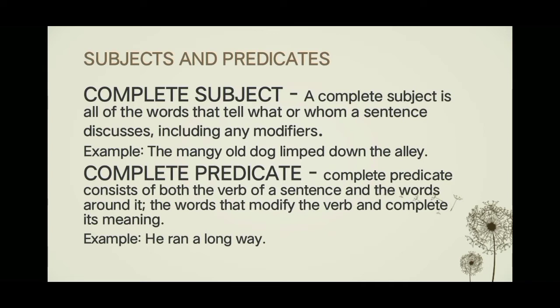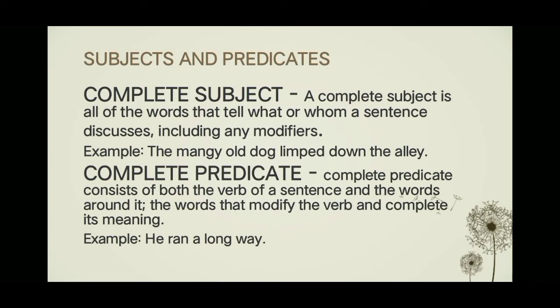The complete predicate. A complete predicate consists of both the verb of a sentence and the words around it, the words that modify the verb and complete its meaning. For example, he ran a long way.